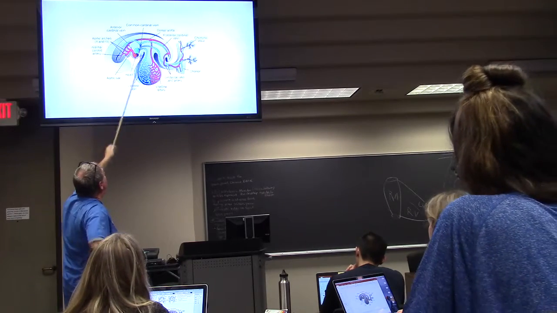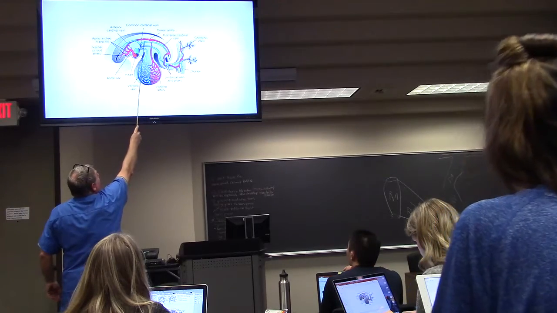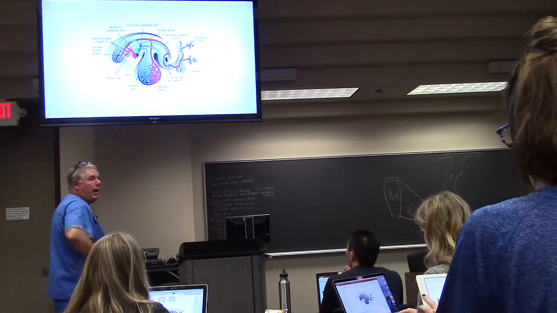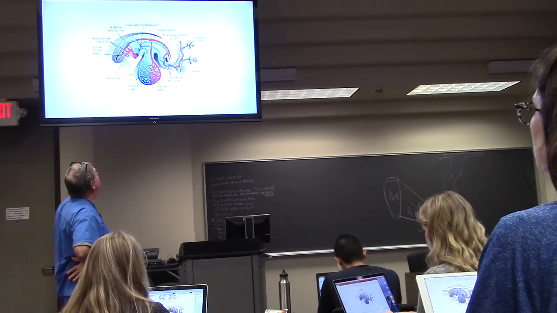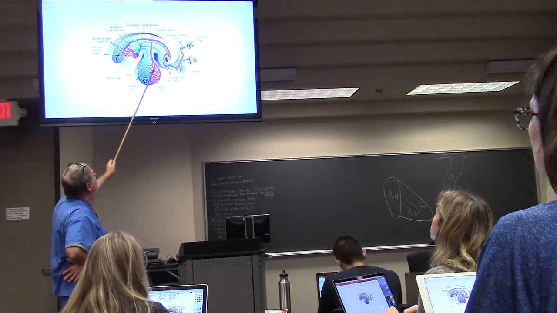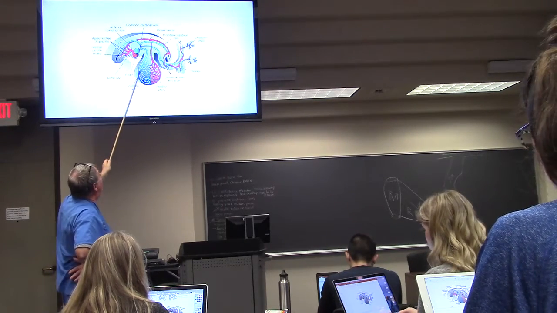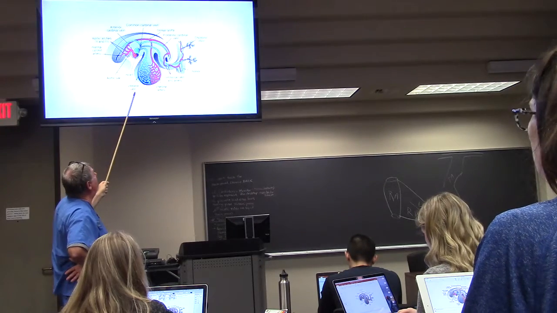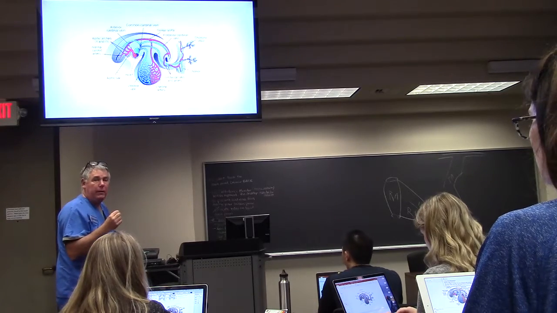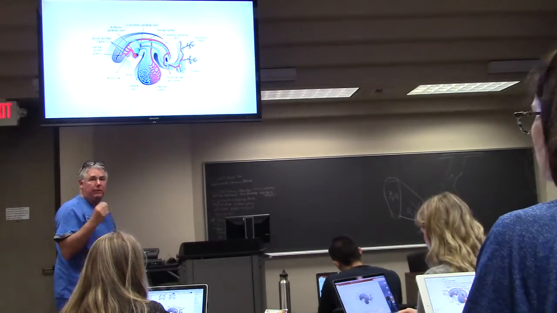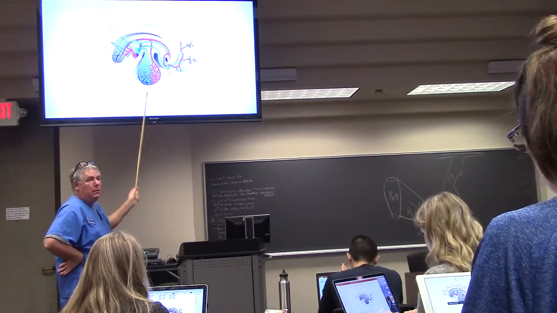Feeding into that are 3 veins. We've got this posterior cardinal vein that supplies the posterior aspect of the embryo. We've got umbilical vein right there, and we've got the vitelline veins right here. The vitelline veins drain the yolk sac. The first place erythrocytes are made is in the yolk sac.